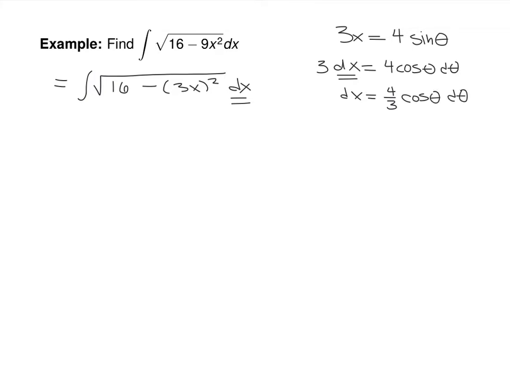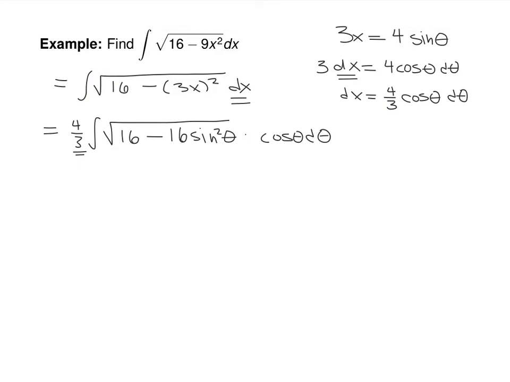So when I replace my x's by cosines and sines, I'm going to put that 4/3 way out in the front already. So 4/3 integral root 16 minus 16 sine squared theta times cosine theta d theta. Don't forget the 4/3 is out here.